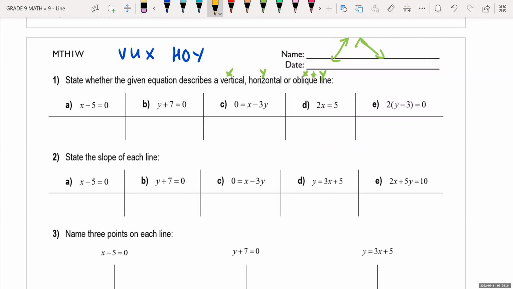Question number 1, x minus 5 is equal to 0. So what do you guys think? You can write V for vertical, H for horizontal, or O for oblique. It has only the letter X. And so it must be, Gabriel, you got it right. It must be vertical.